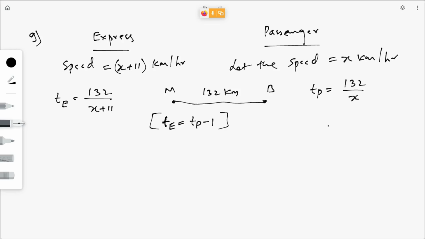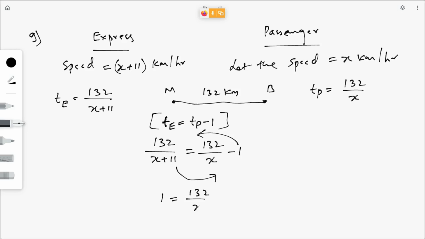So now substitute these two here. That is 132 divided by x plus 11 is equal to 132 divided by x minus 1. Okay, now you can take this 132 this side and this minus 1 this side. So what you will get? You will get 1 is equal to 132 by x minus 132 by x plus 11.